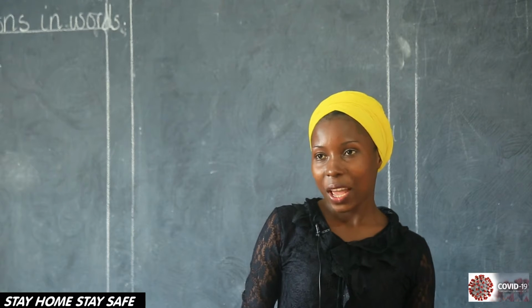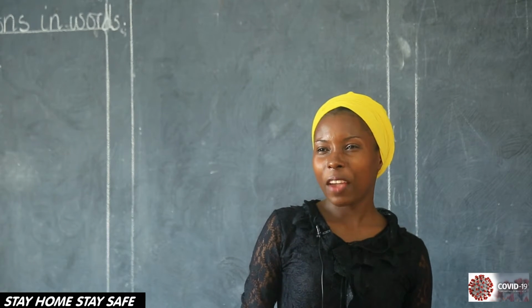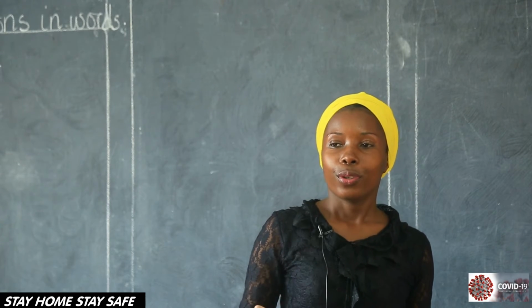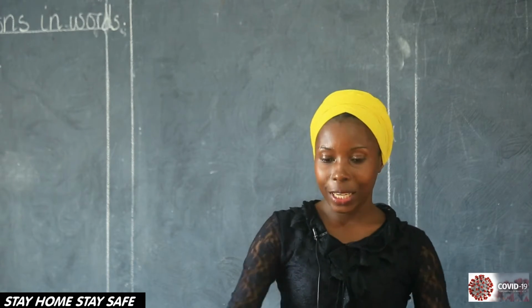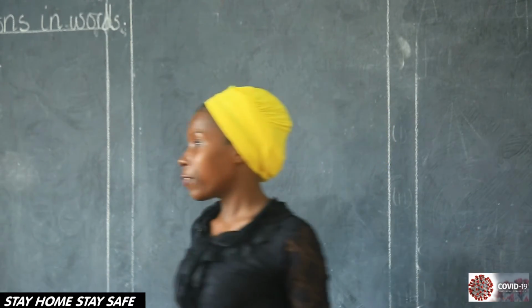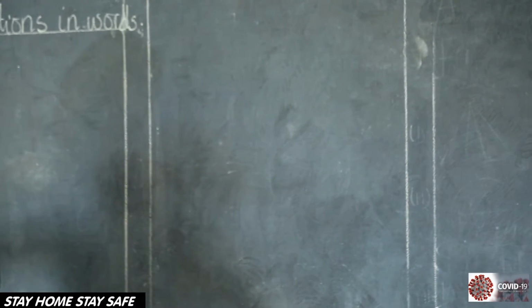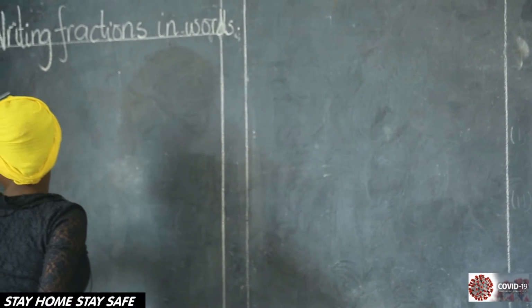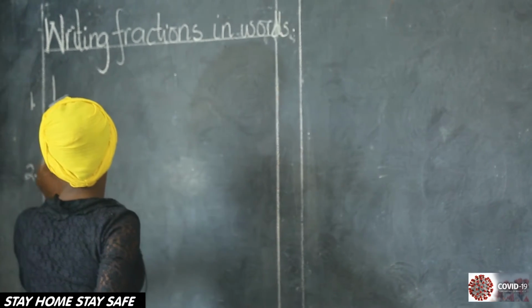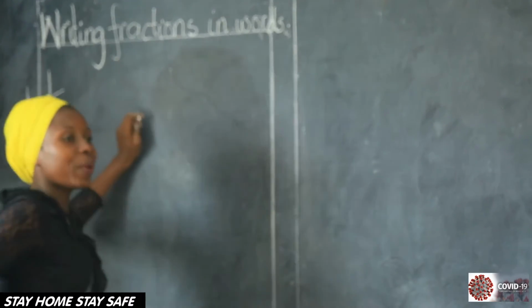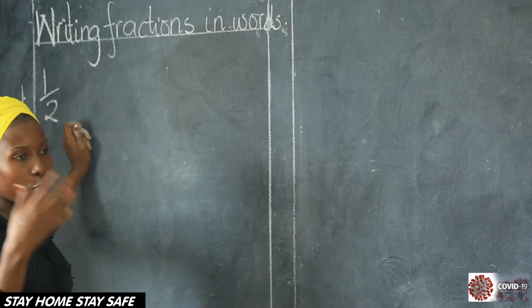Writing fractions in words. There are these fractions that have their original name. They're just there. Like this one. We don't call it 1 out of 2. When we are explaining, we can say 1 part out of the 2 parts.